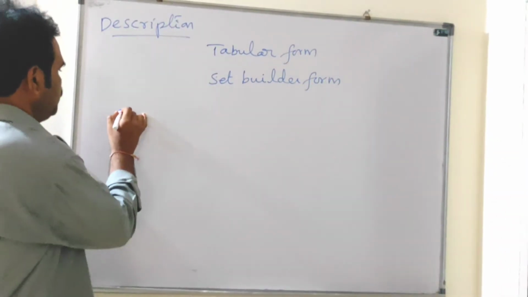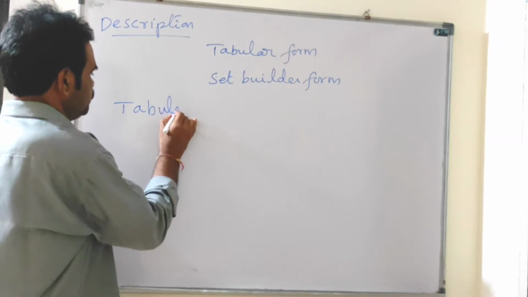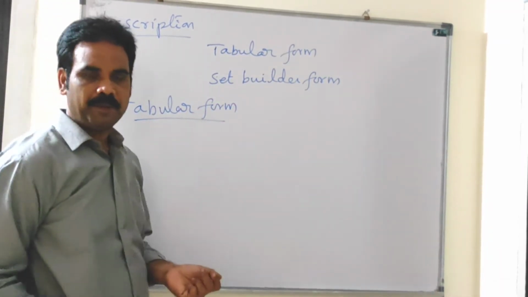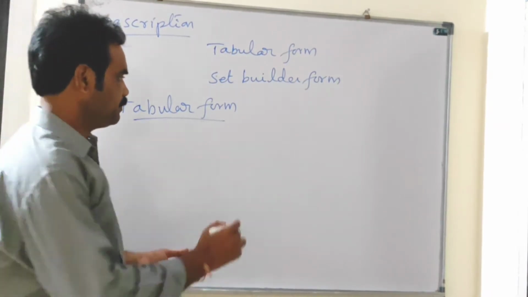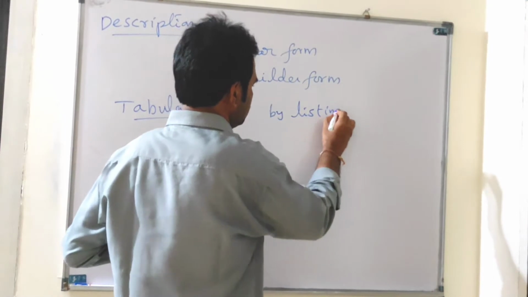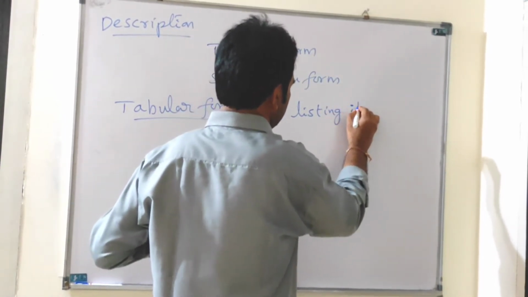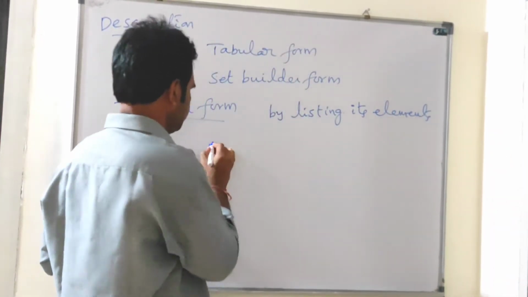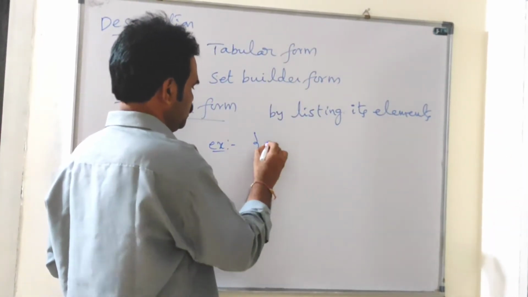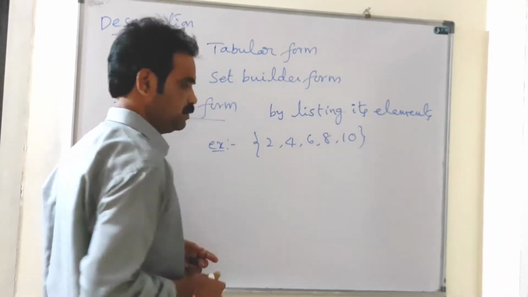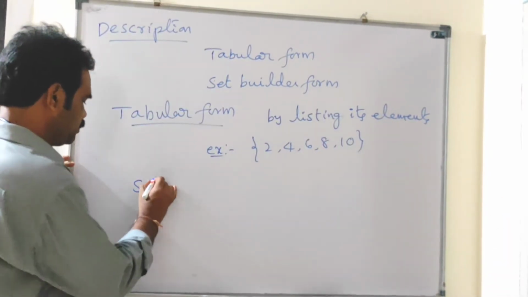Tabular form means a set can be defined by listing its elements or members. For example, 2, 4, 6, 8, 10.